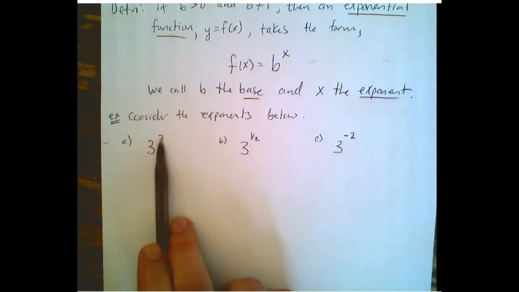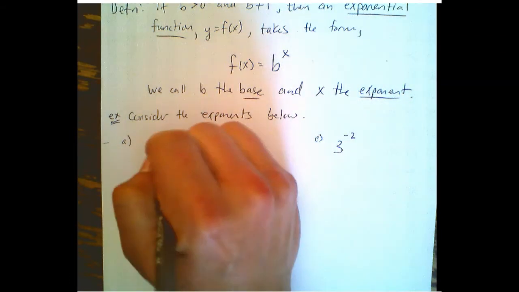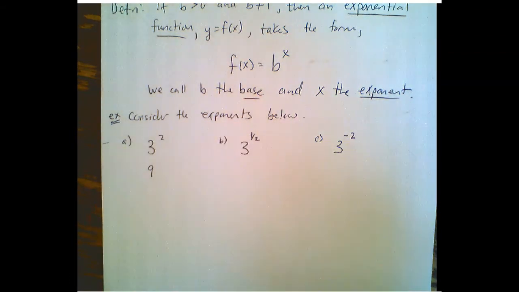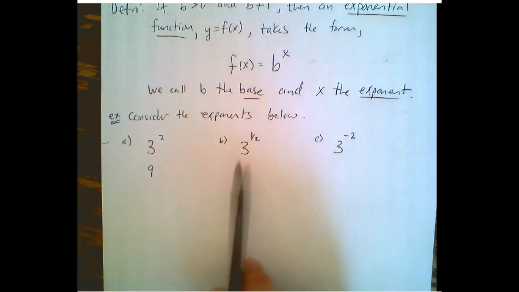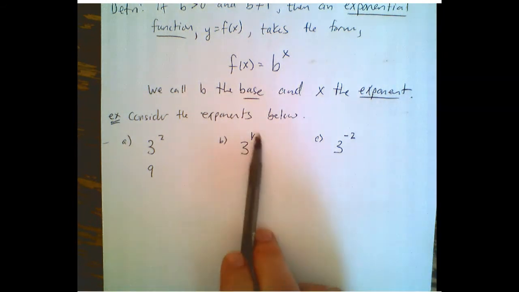So 3 squared is just as we've seen before, it's just 9, right? Now in calculus, a lot of the times it's important to realize that this 1/2 power is equivalent to some root, right? If we have a fractional power, the denominator is the index of the root that we're dealing with.